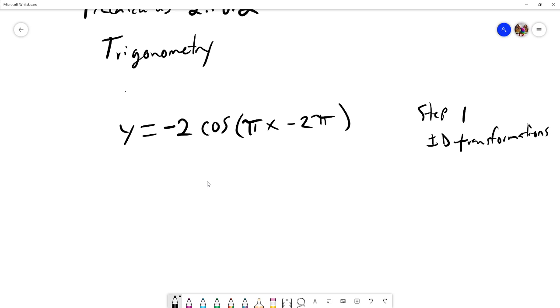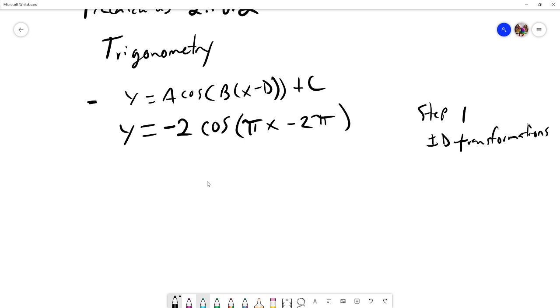So let's note that the general formula is a cosine of b of quantity x minus d, and quantity plus c. It is important that we consider this form for graphing our function, because when we look at what's inside the cosine, it actually does not match the original form here.